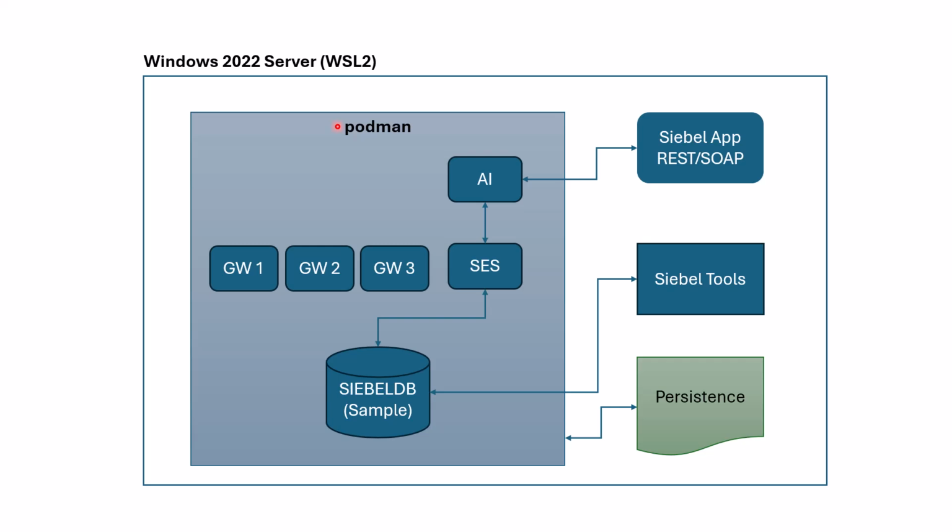We will use the container images to create a nice little sandbox Siebel Enterprise with a Siebel server, an AI, maybe a gateway cluster if we have time, because we can do it, and a database, of course.